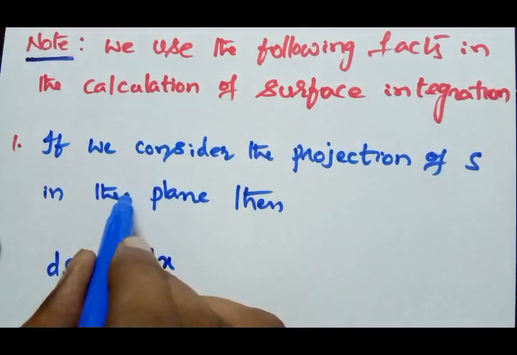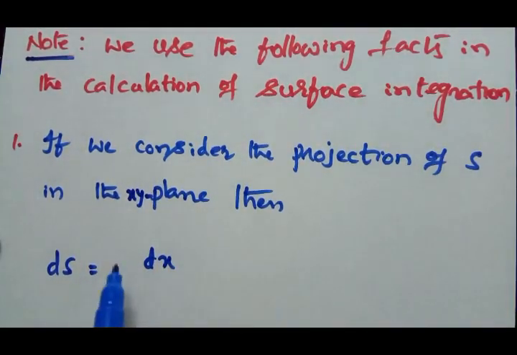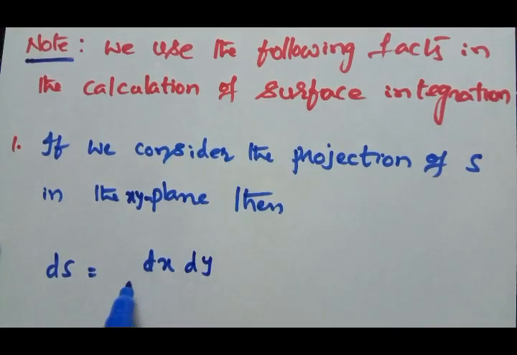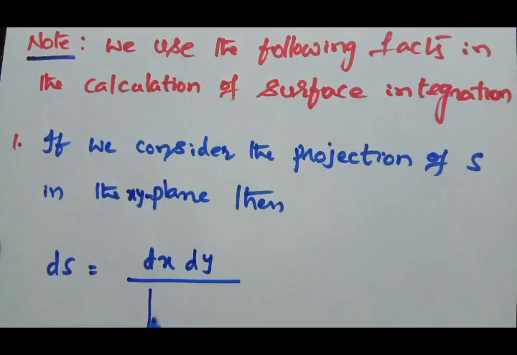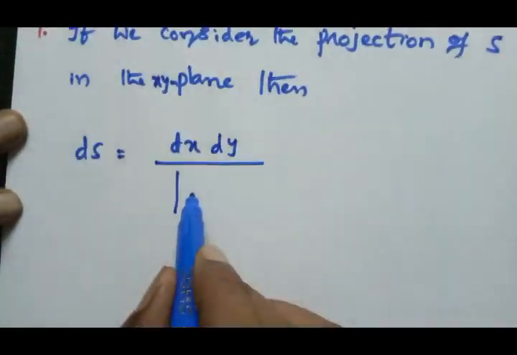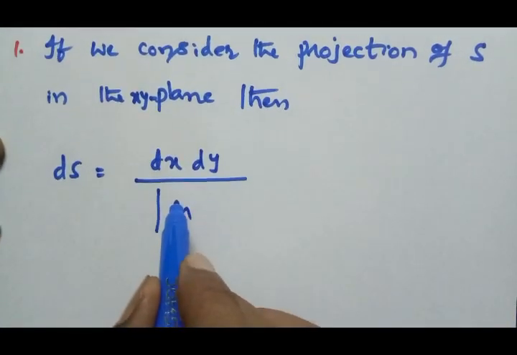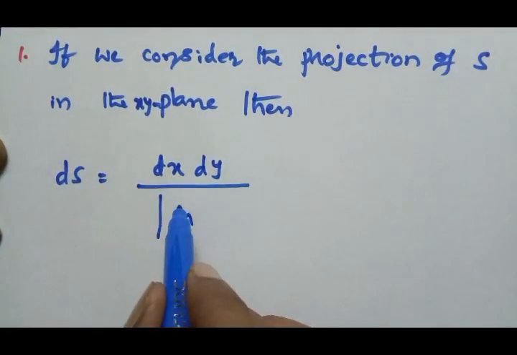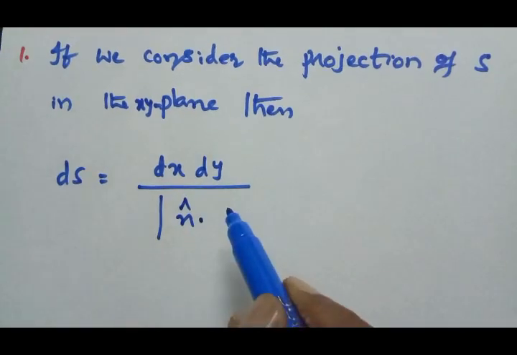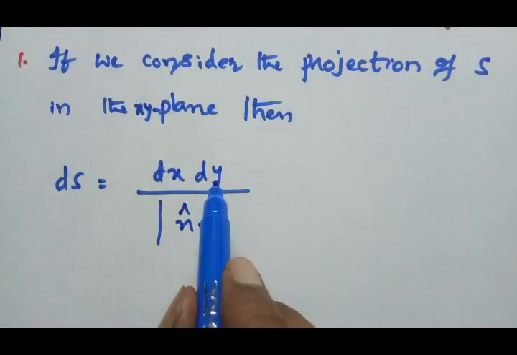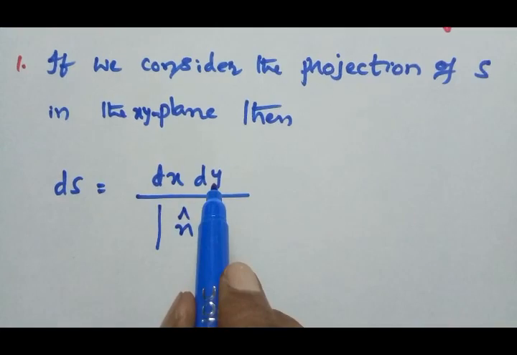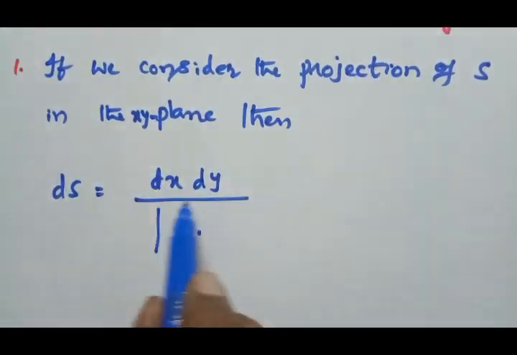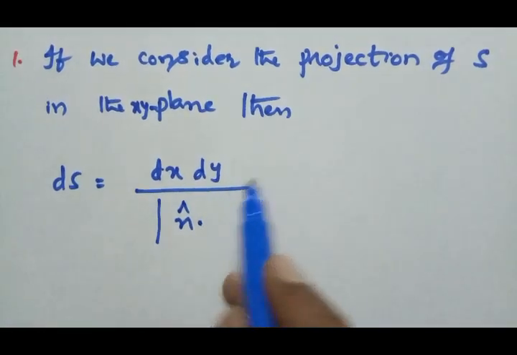dx into dy by modulus of the unit outward drawn normal, n cap dot the unit vector along the axis perpendicular to the xy plane, that is k cap.